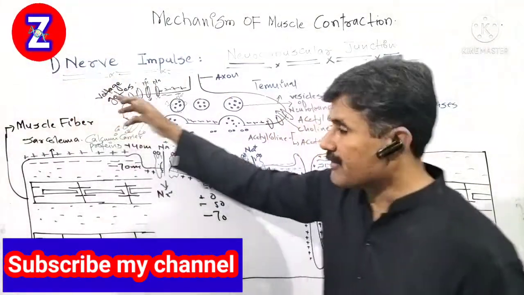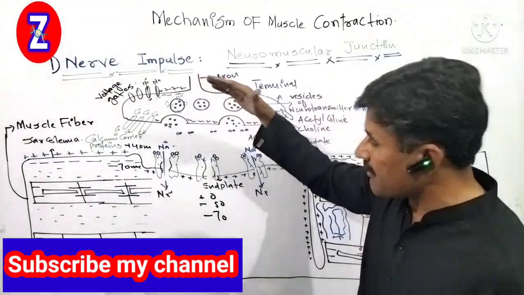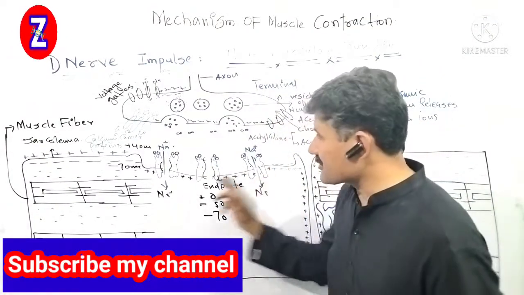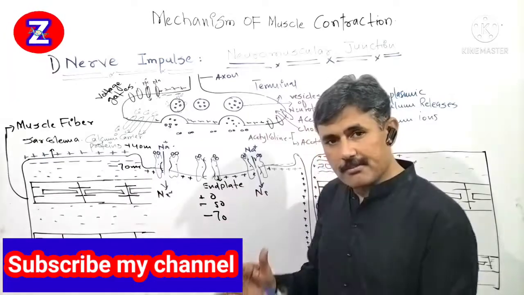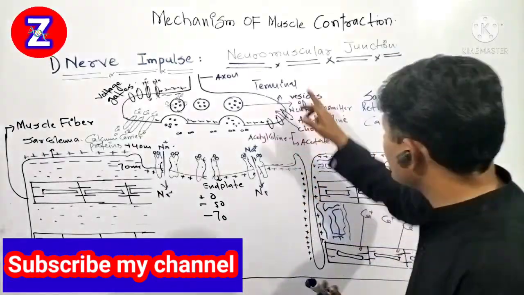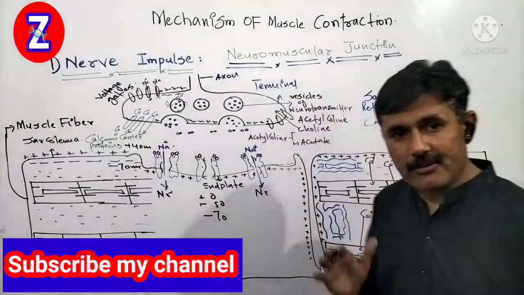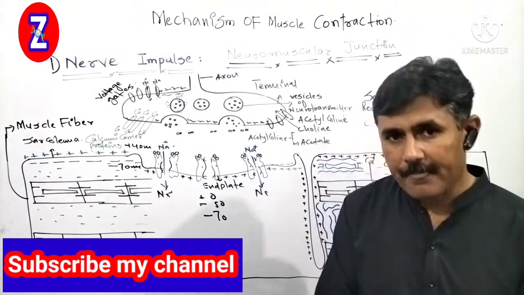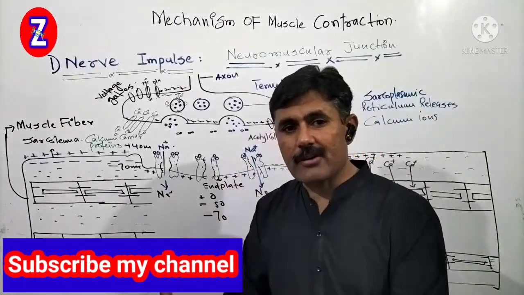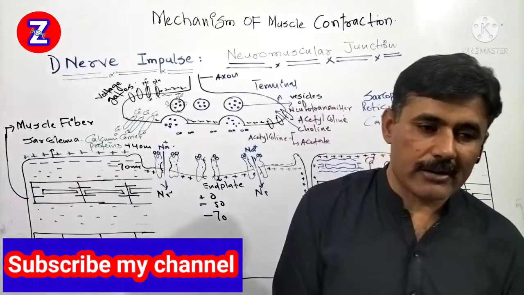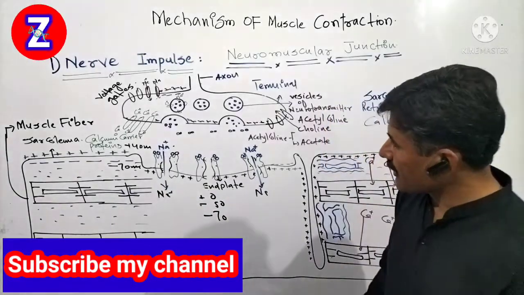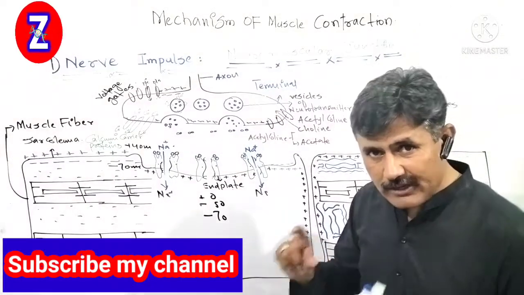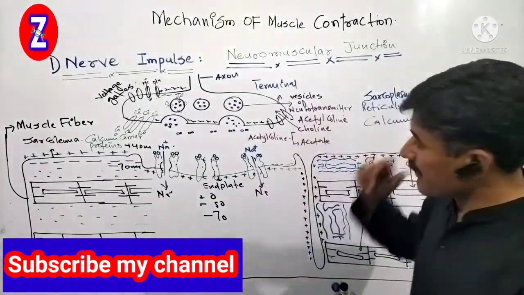This is how an impulse travels from the terminals of the neurons to the sarcolemma of a muscle fiber, and it takes place at the neuromuscular junction. It is a junction where neurons make contact with a sarcolemma to conduct the impulse inside the sarcolemma. What is the structure and what are the parts of this junction?